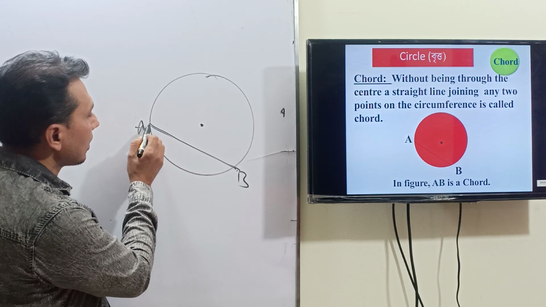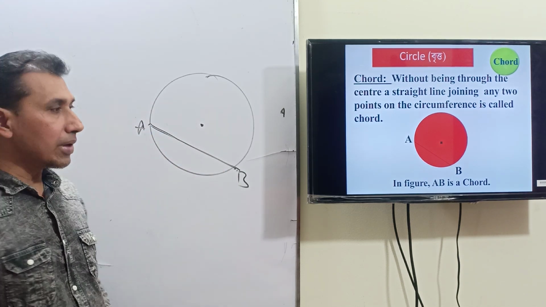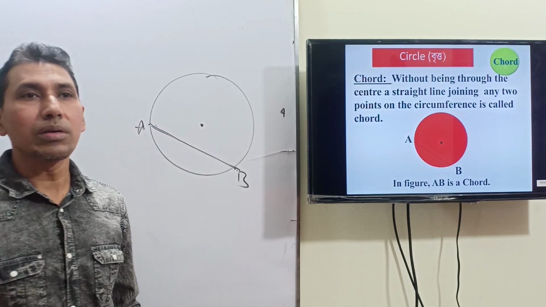Any 2 points, that is A and B, on the circumference. In the figure, AB is a chord.